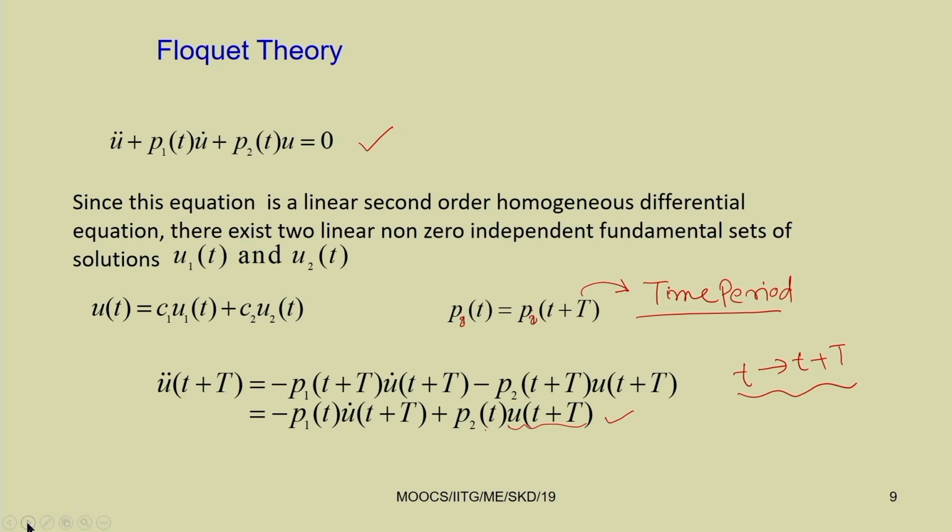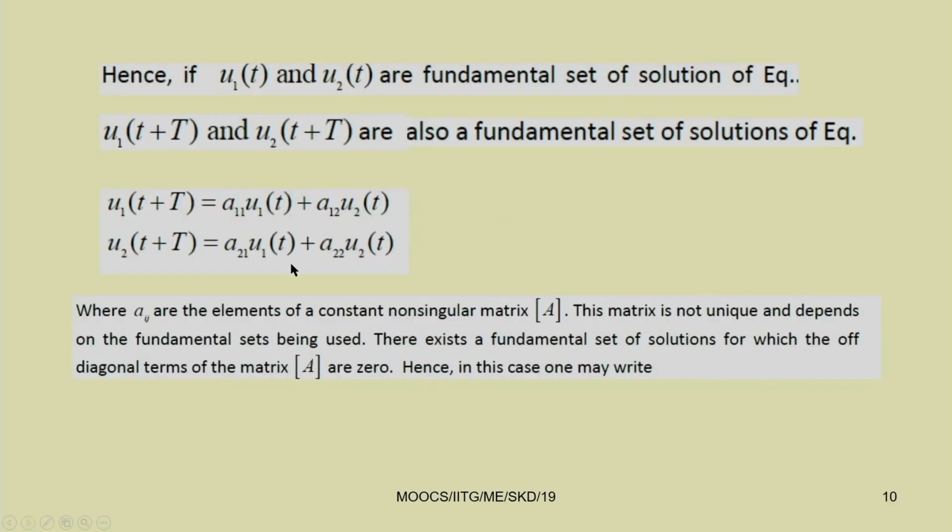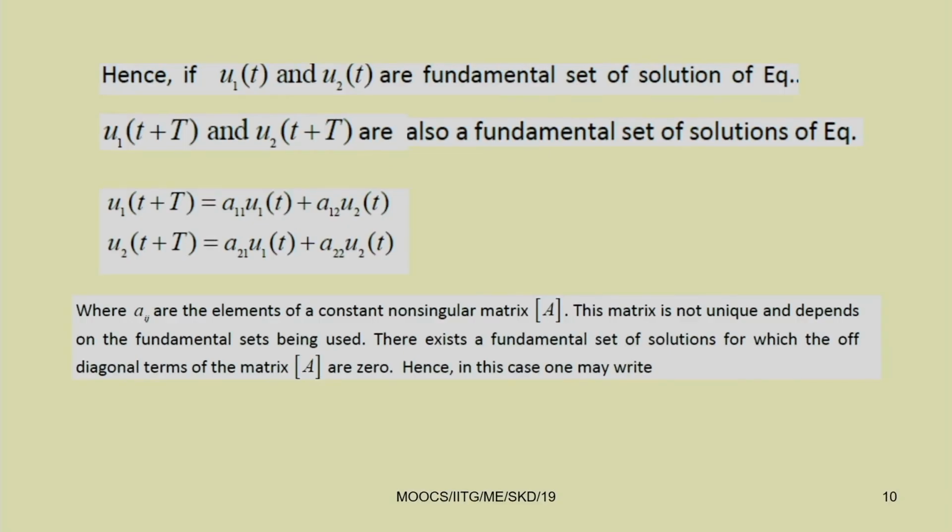As u(t + T) is a solution, hence if u1(t) and u2(t) are fundamental set of solutions of that equation, then u1(t + T) and u2(t + T) are also fundamental set of solutions of that equation. So, we can write u1(t + T) equal to a11 u1(t) plus a12 u2(t), and u2(t + T) can be written as a21 u1(t) plus a22 u2(t).